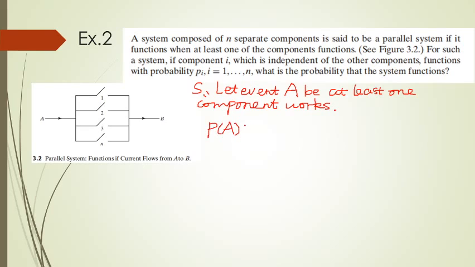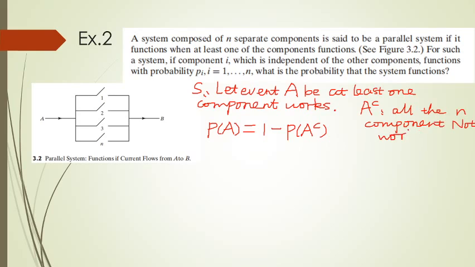You can do 1 minus the probability of A's complement, right? What does A's complement mean? The event A's complement means all the n components do not work, right?